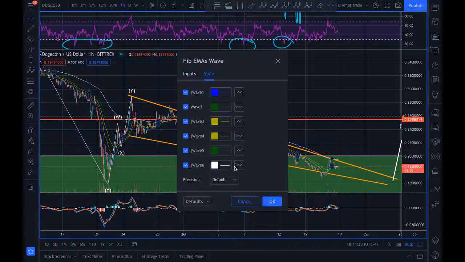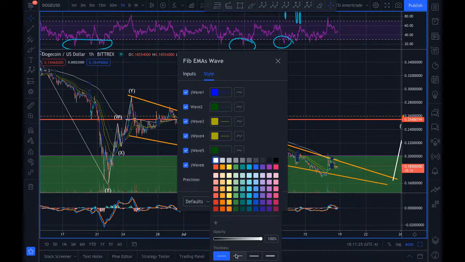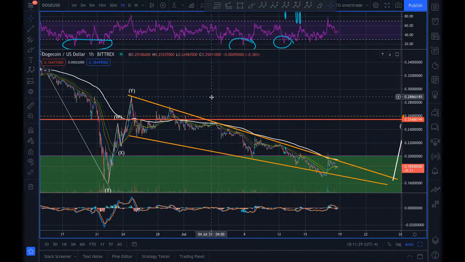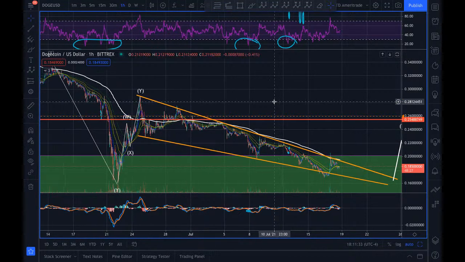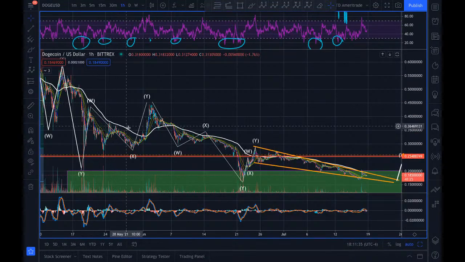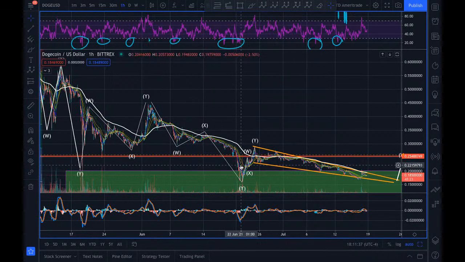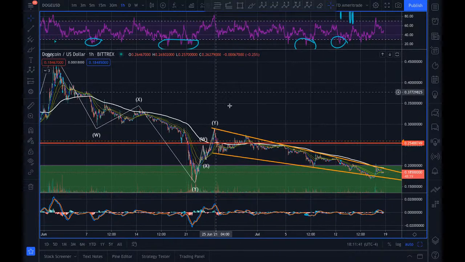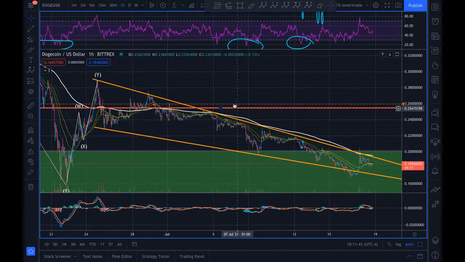And I want to make the 200 a little bit thicker. There we go. Now the 200 EMA is really sticking out. That's the one you want to keep the biggest eye on. I talk about how to trade the moving averages in my course. Right now, we're still underneath the 200 EMA.